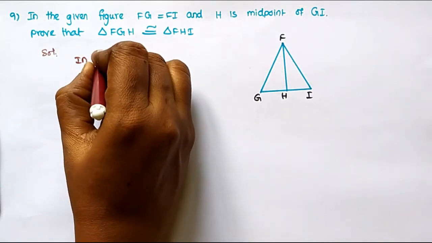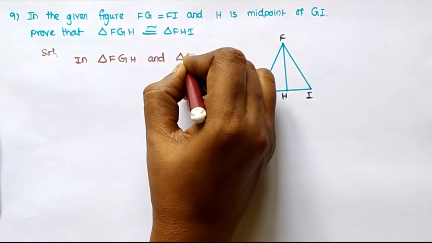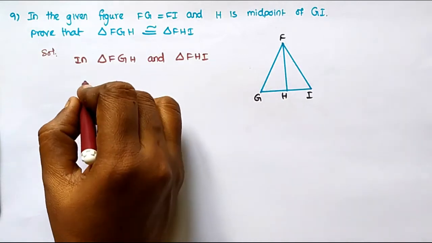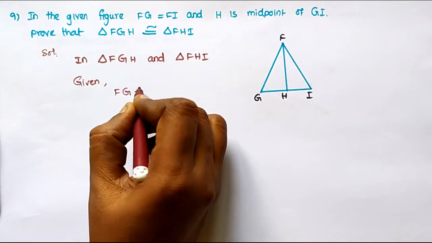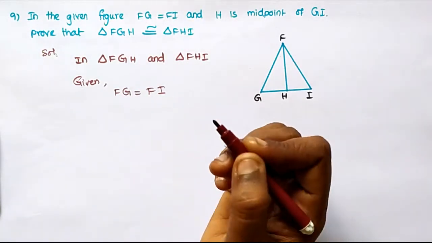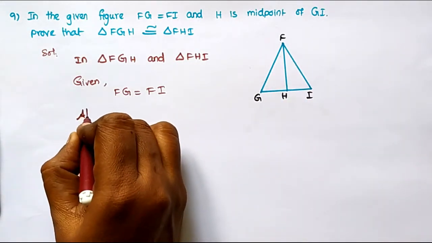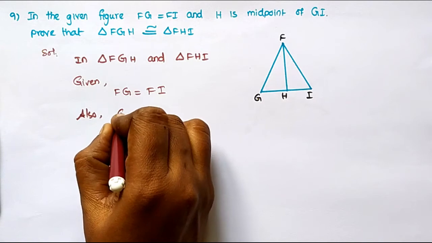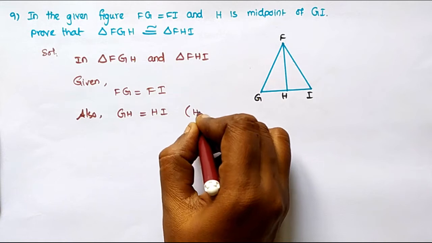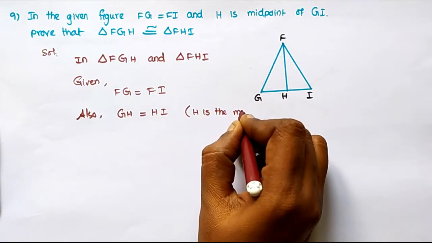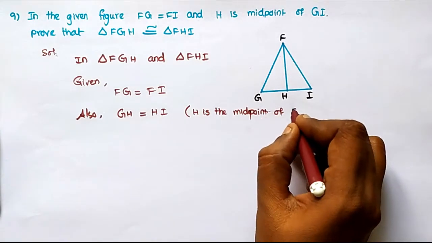In triangle FGH and FHI, given FG equal to FI, and also GH equal to HI, because H is the midpoint of GI.